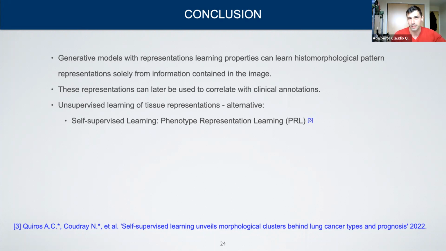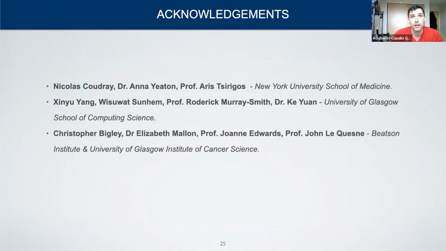What's interesting is that you just pick up information from the tile itself, and then you try to correlate it with other clinical annotations, to find the representation from the tissue itself rather than the correlation with the clinical annotation in an end-to-end solution. And an alternative to what we show here is self-supervised learning, as I mentioned before.